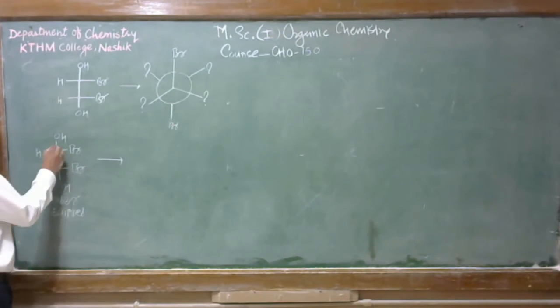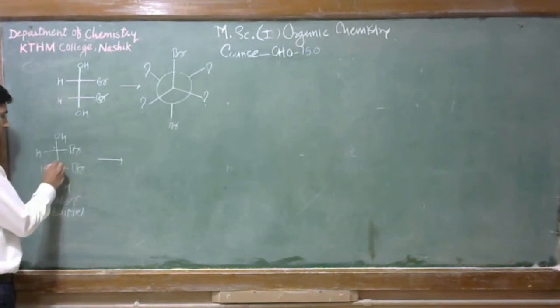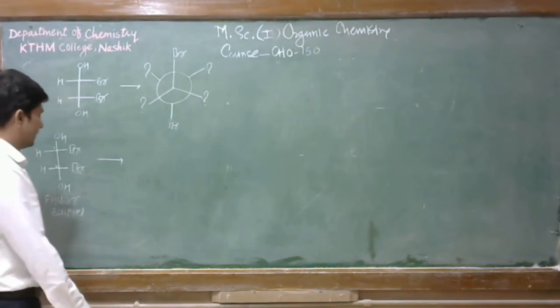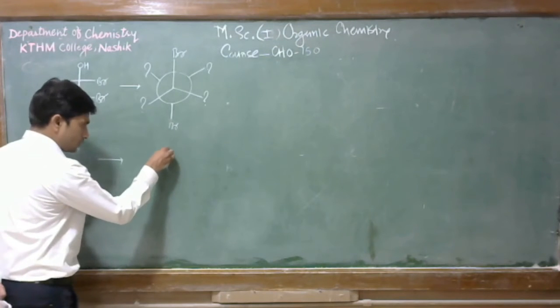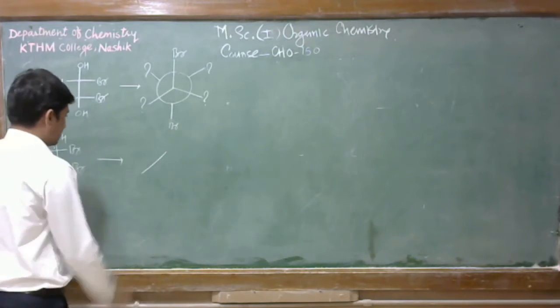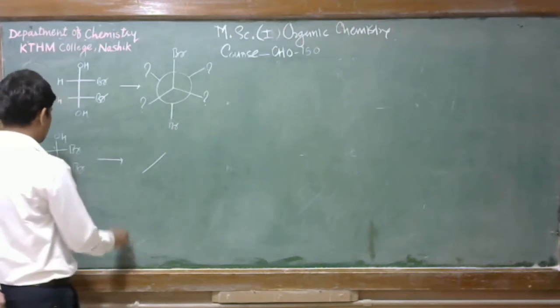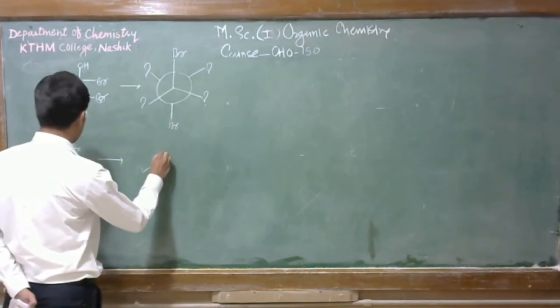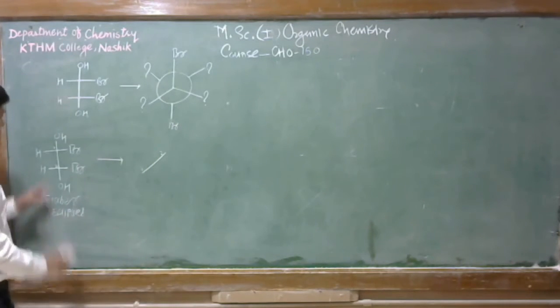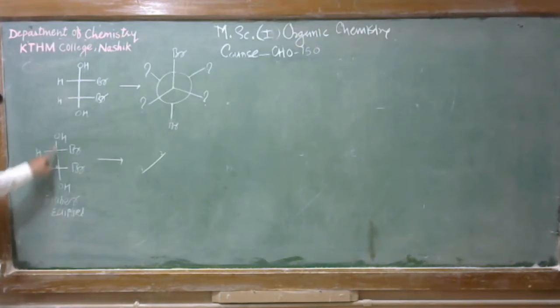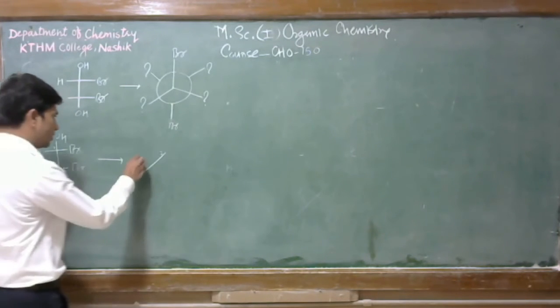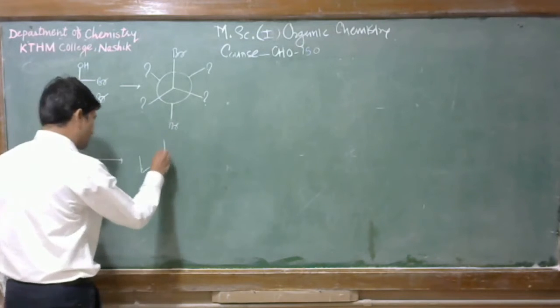So if we number the carbon atoms, this is carbon number 1, this is carbon number 2 here, and we have to comment on the stereochemistry of carbon number 2 and carbon number 3. If this is carbon number 1 and this is carbon number 2, then see, the groups present on the vertical line are shown above the plane.